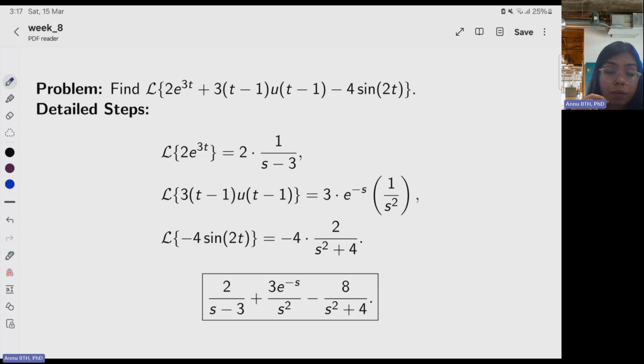And Laplace transform of minus 4 sine 2t. So 1 upon 2 will be here. Wait, all this I'm calculating. Minus 4 will be here only, 1 upon a, F of s by a, s by 2 square plus 2 square, 4.